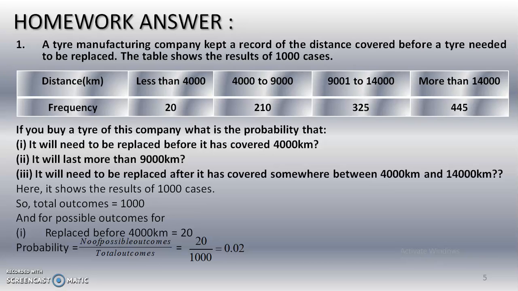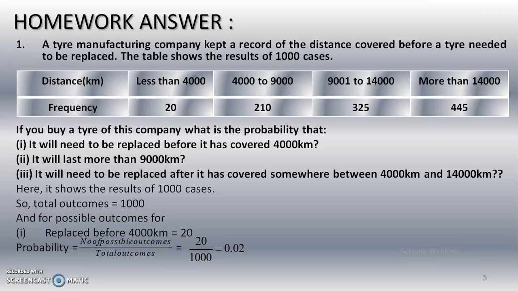First is, it will need to be replaced before it has covered 4000 kilometers, meaning less than 4000, and frequency is 20. Check it out. Right? So possible outcome 20. Second question, it will last more than 9000 kilometers, meaning till 9000, starting with less than 4000 and till 9000, meaning 20 plus 210 and the answer is 230.